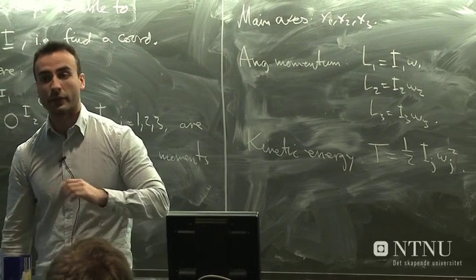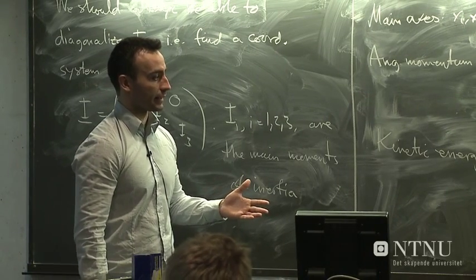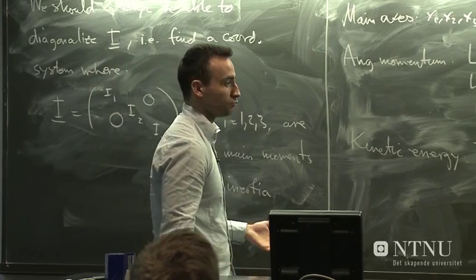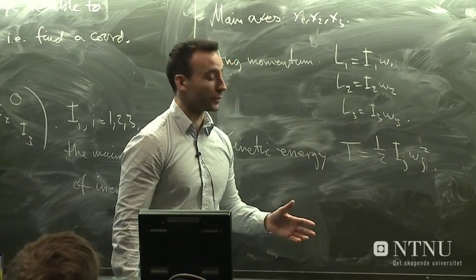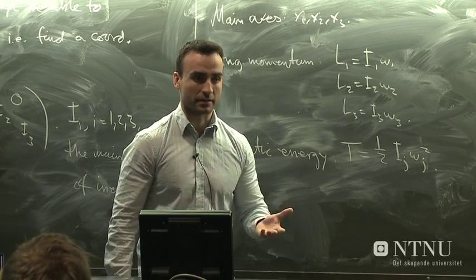Now keep in mind that regardless of which coordinate system you're considering, the angular momentum and the kinetic energy should be the same, right? The kinetic energy shouldn't depend on which coordinate system we consider. So we might as well just take the coordinate system which gives us the easiest expression, namely this one.